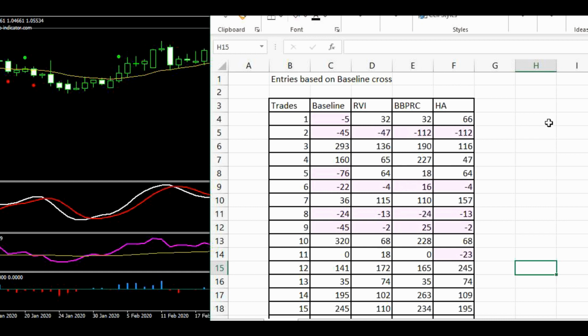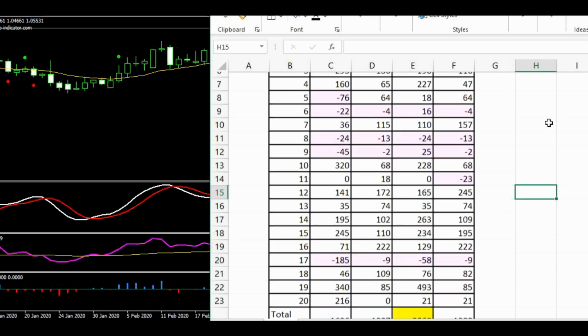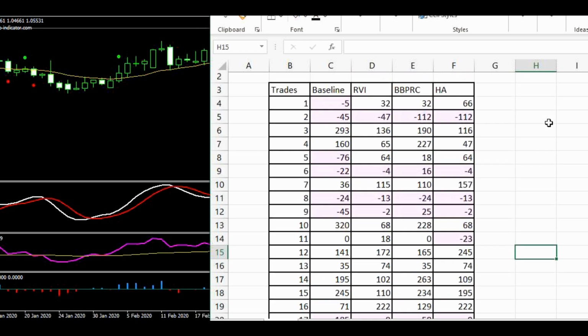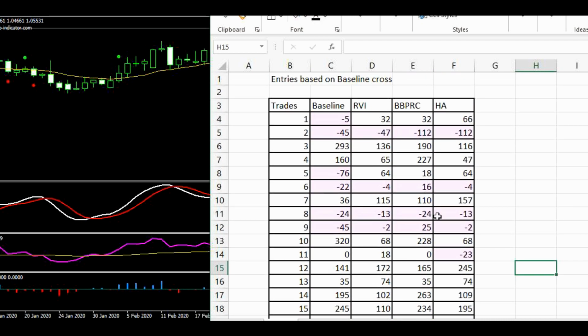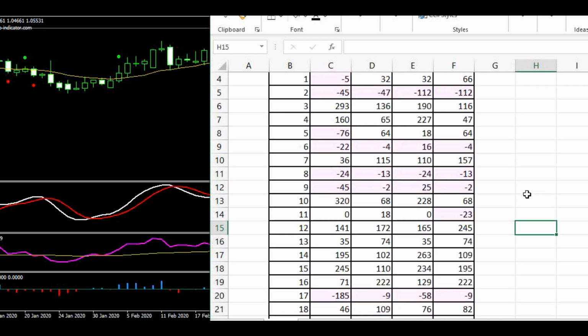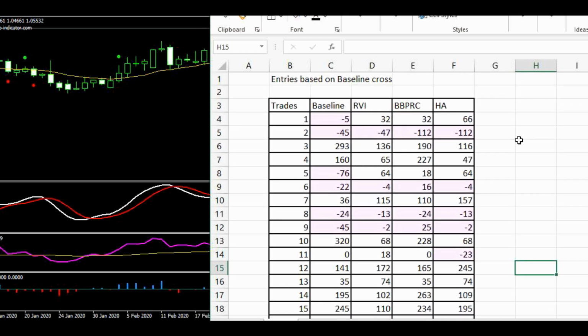Now, what's really interesting is I highlighted all the cells that lost money on anything. And you can see that when one lost, usually they all lost. There's a couple of exceptions here and there, but they're pretty consistent. So that tells me, that's kind of interesting, that they're following suit.